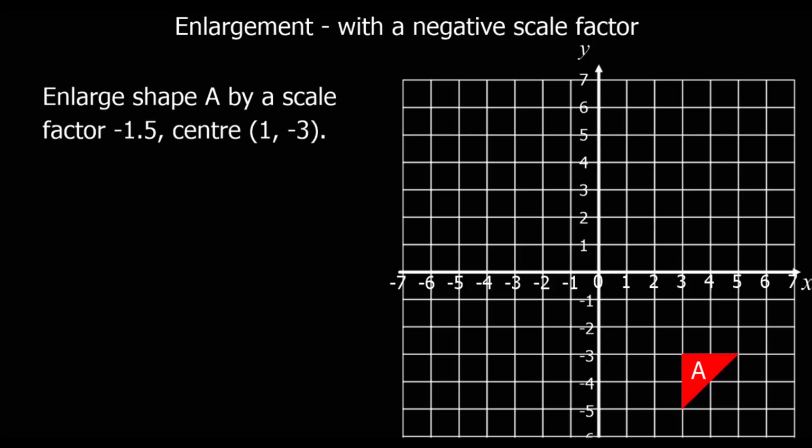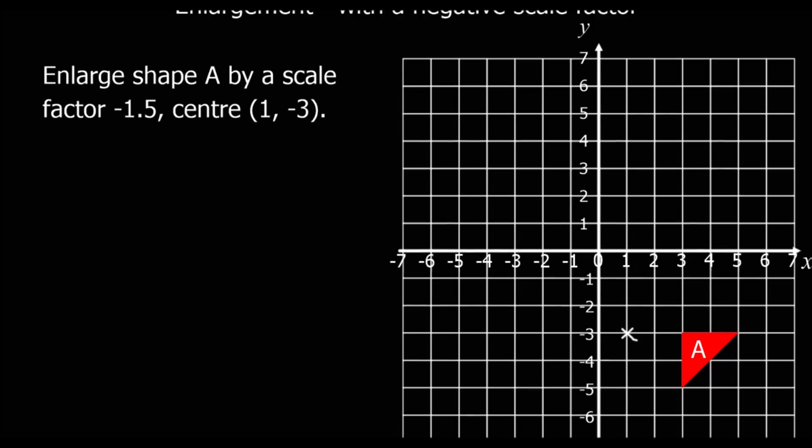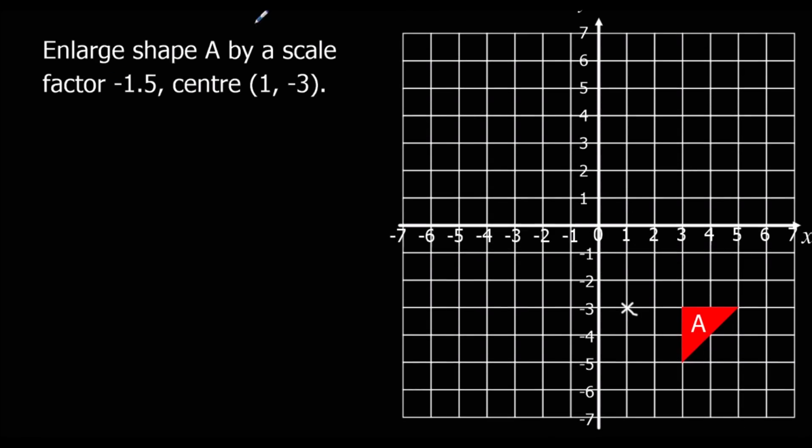Okay, one more question. Enlarge shape A by scale factor minus 1.5, centre 1, minus 3. So 1, minus 3, that's my centre of enlargement. The scale factor is minus 1.5 this time. We'll have a green point.